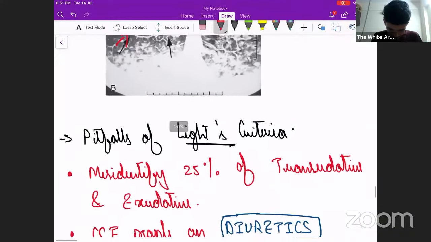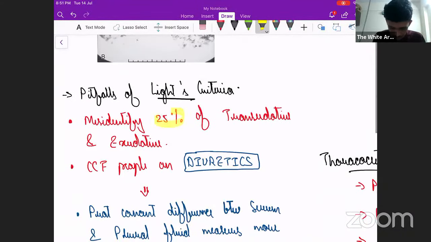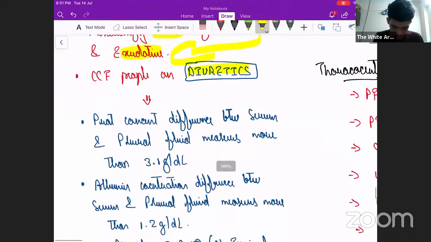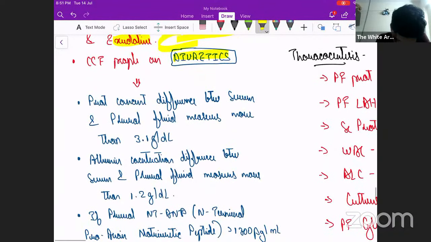The pitfalls of Light's criteria are that in 25% of the cases it misidentifies transudative as exudative. One more is in case of diuretics you can't use it. So in such cases, what you do is differentiate the protein concentration of serum from pleural fluid.